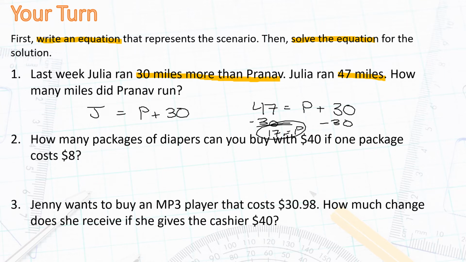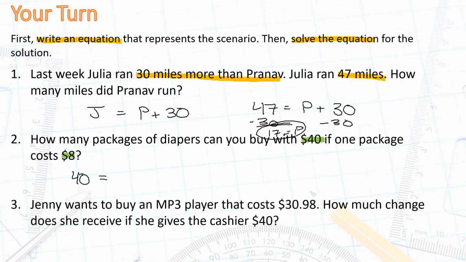Next one, how many packages of diapers can you buy with $40 if one package costs $8? So I've got $40, and I want to know how many it can buy. So $40 would have to be equal to, or technically this should be an inequality, but we're saying it's going to go in equal.